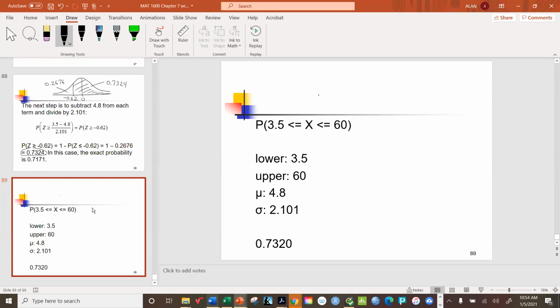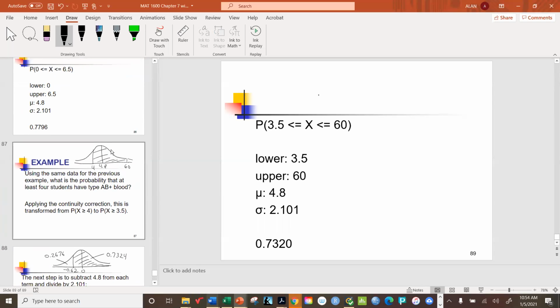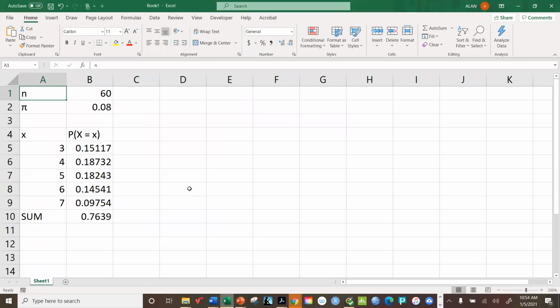So let's go back to Excel now. And remember, we want to know at least 4, which means literally everything from 4 up to 60. Okay, so what we're going to do is come over here and create a new table. We need, sorry, from 4 to 60.